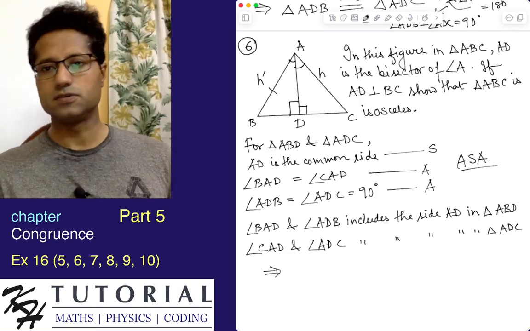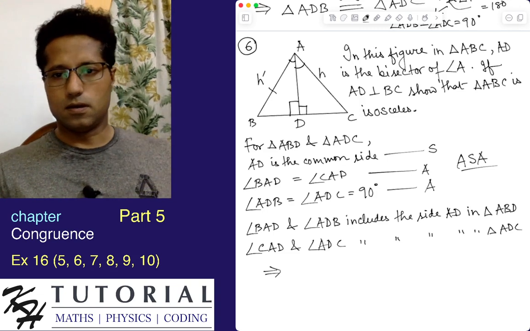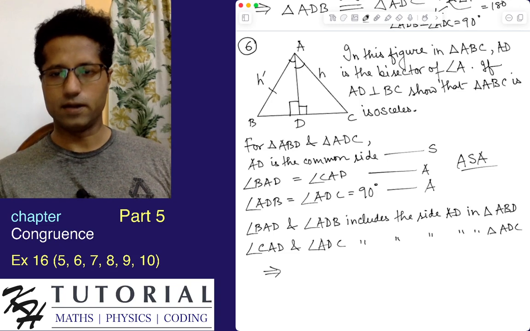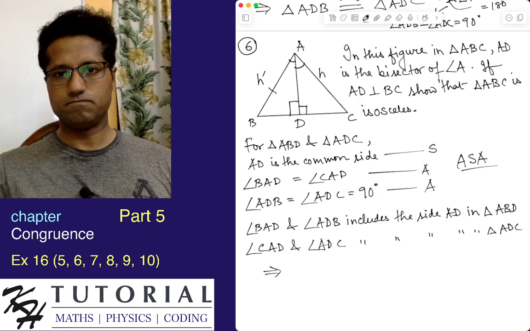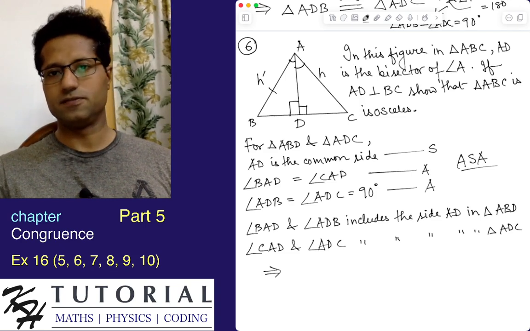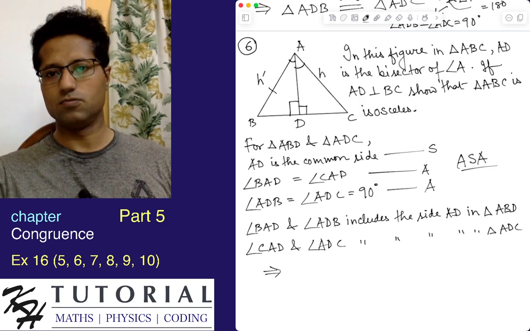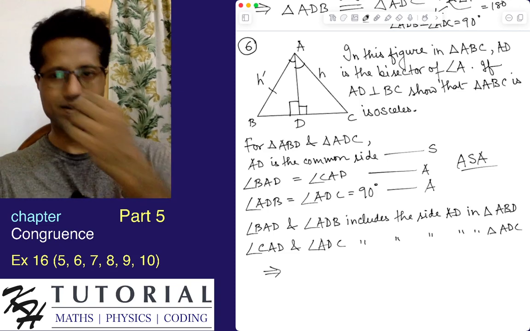What will be the congruence relation between the triangle ABD and ADC? Now let's find out the correspondence of the vertices. Clearly, this is very similar to the previous problem, because AD is the common side, so definitely the vertices A and D are common to both the triangles.